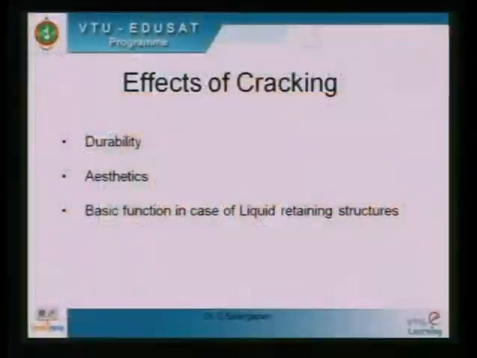Finally, the last point is very important. It is going to affect the basic function of the structural member itself. For example, if you take a liquid retaining structure, a water tank made out of reinforced concrete, whenever there is a small crack in the water tank, what happens? The basic function of the water tank is to retain the water inside, but all this water just passes through these cracks.